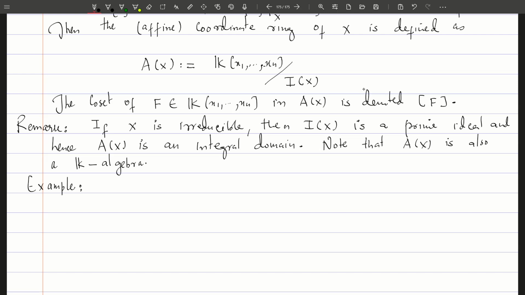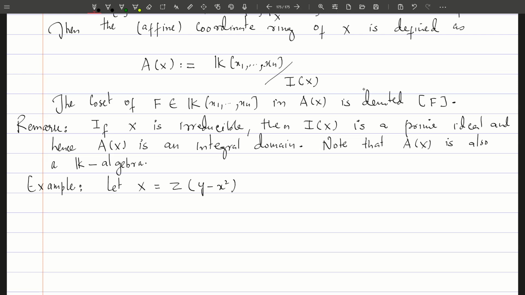Let us take X to be the zero set of the polynomial y minus x squared, which is a parabola.